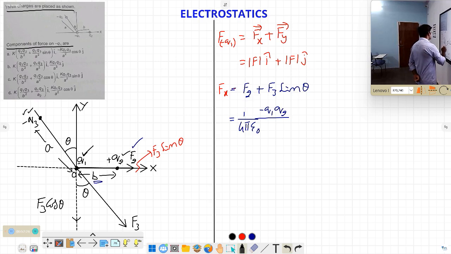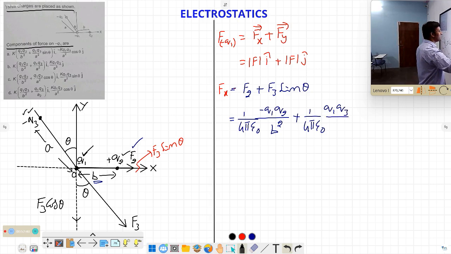What is the distance here? That is b, so b square. Plus F3. What is F3? The force between the third charge and this one. So that becomes minus of minus 1 by 4 pi epsilon naught, minus Q3 minus Q1, that is nothing but Q1 Q3 by the distance between them, which is a, that is a square, into sine theta.